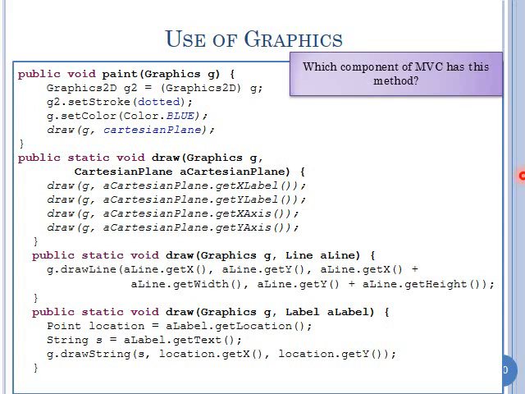Now the more important question, which is also not going to be hard: this paint method is called when? This paint method in the view should be called when the model changed. So whenever a notification is received, whenever the update method is called. Okay, good.